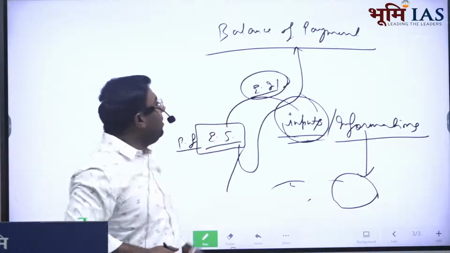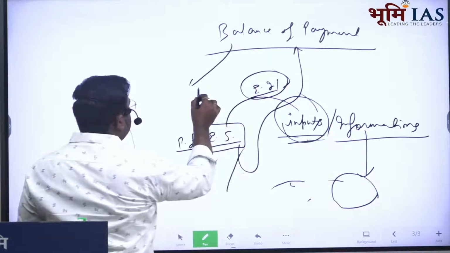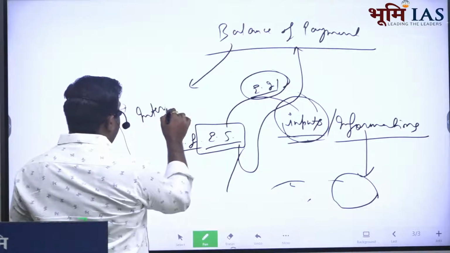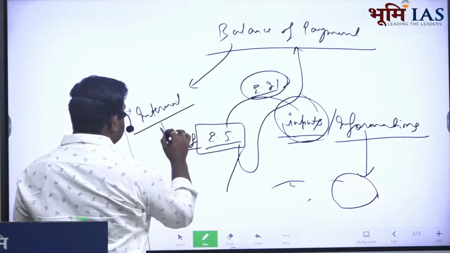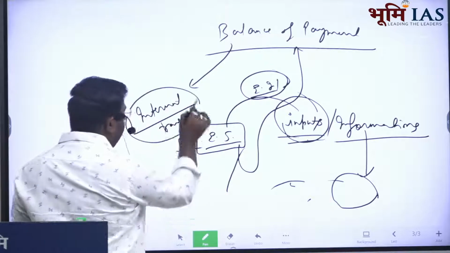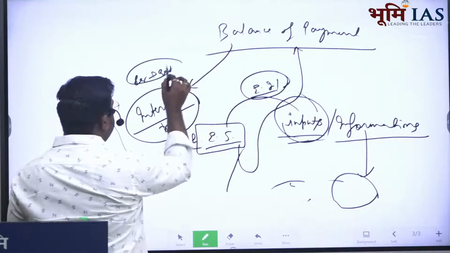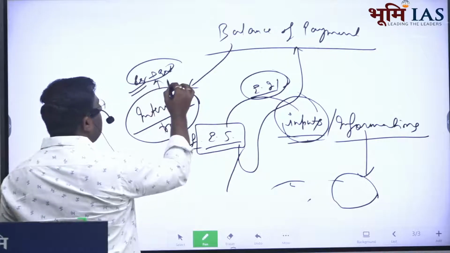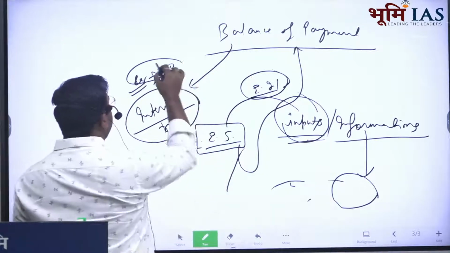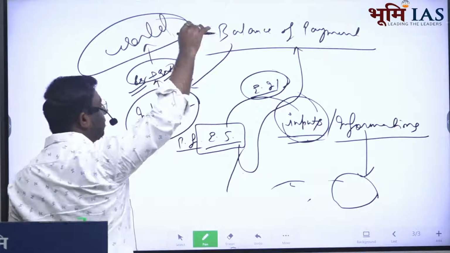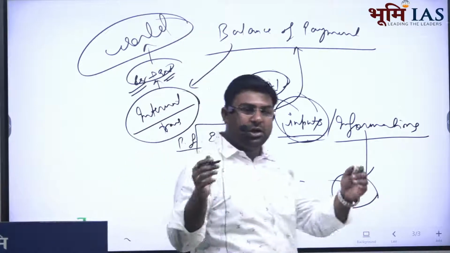This document gives information regarding what? As you mentioned in your definition, all international transactions made by residents and government of a country with the rest of the world in a given time period.